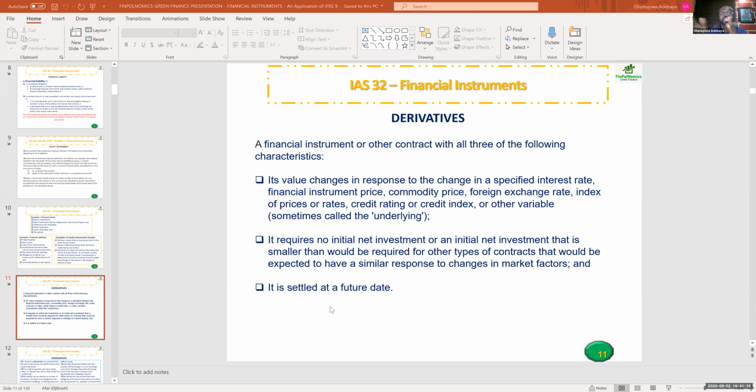Now, derivative can take two perspectives or two forms. We have what we call forward commitments and contingent claims. Now, forward commitment by nature ensures that both parties have an obligation to perform. That is, I have an obligation to do certain things or furnish a consideration.